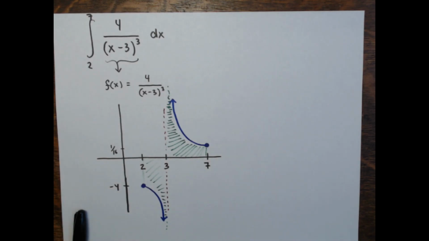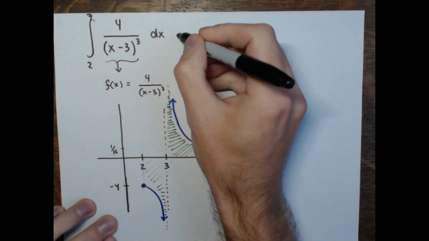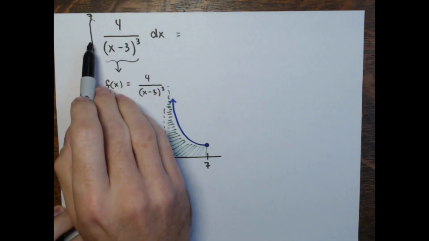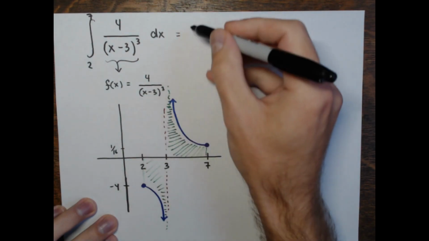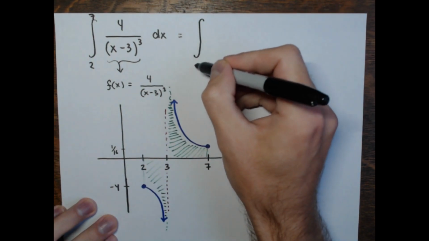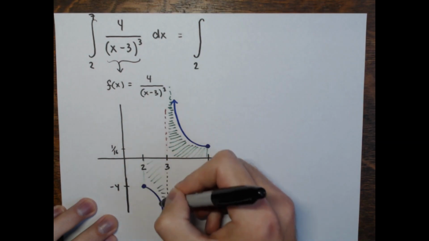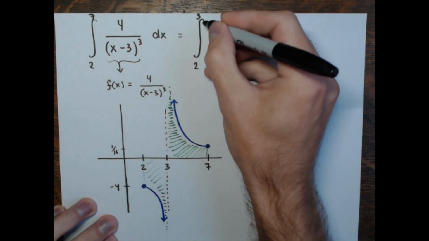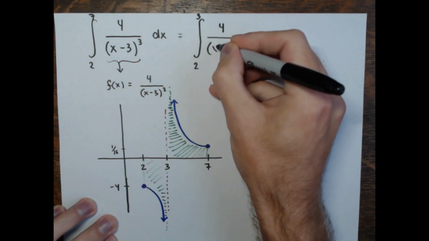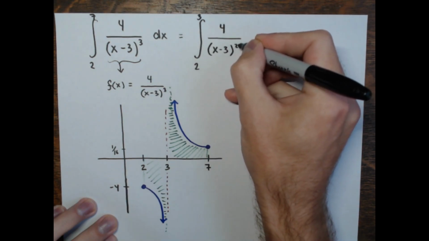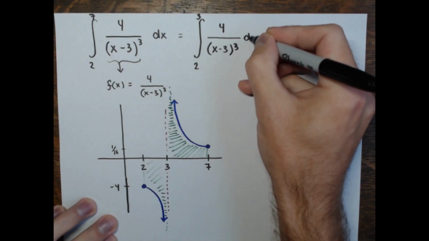So I've got to write these as limits, and we got to break it up around 3. Like I was saying earlier, now this case where you're not continuous between, I'm going to write this as the integral from 2 to 3, where it's discontinuous, of 4 over x minus 3 cubed dx.